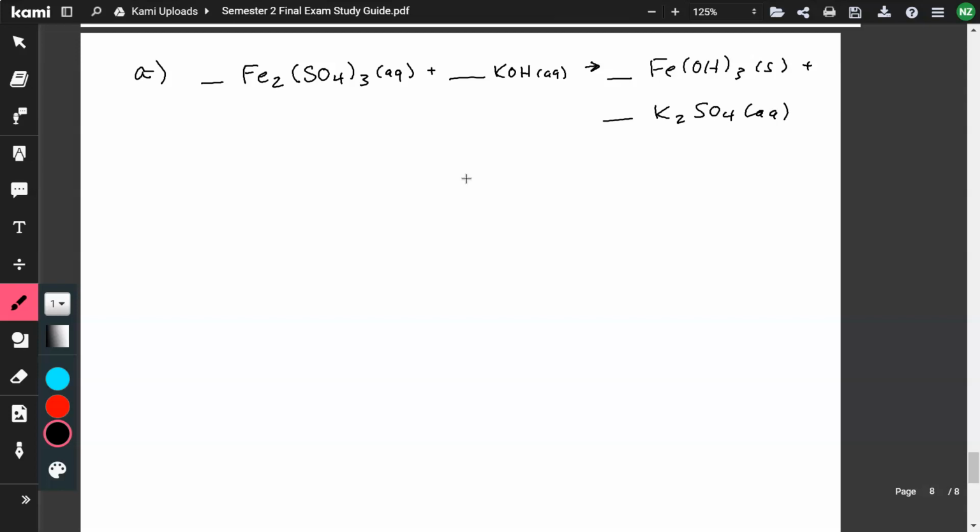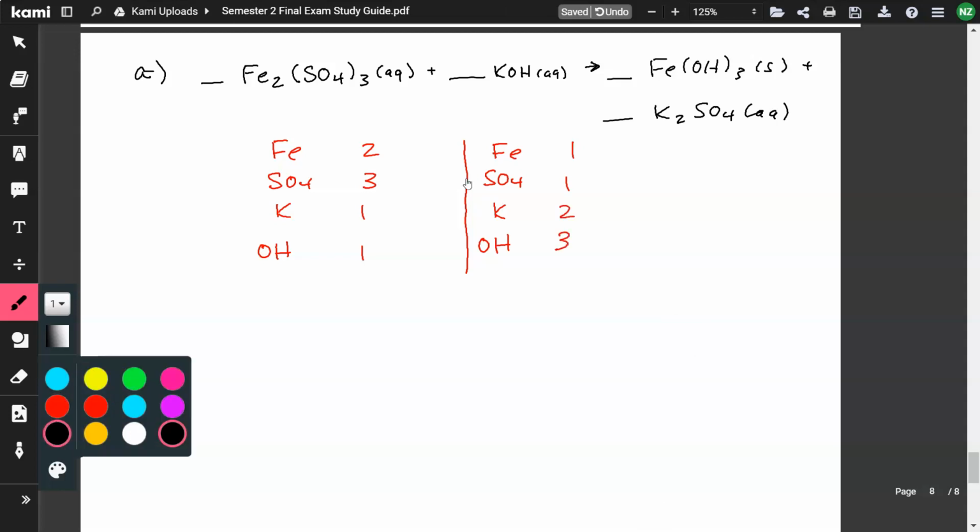So here, I bet you we're not balanced. So let's start by balancing this. We've got iron, we have SO4, we have potassium, and we have hydroxide. So we have 2, 3, 1 and 1, 1, 1, 2, 3.